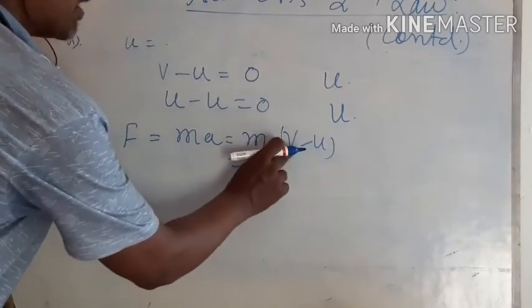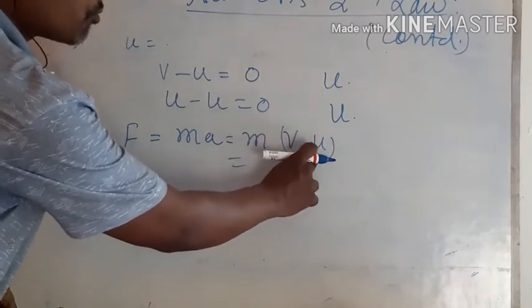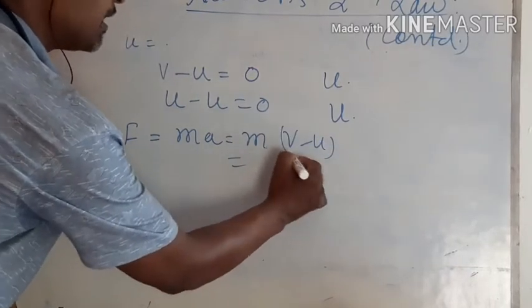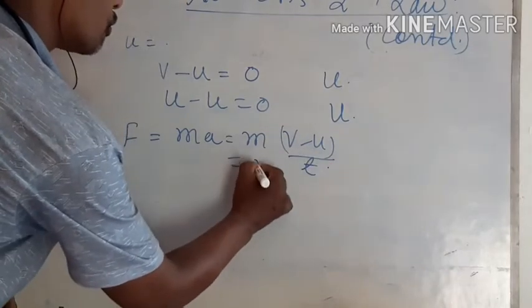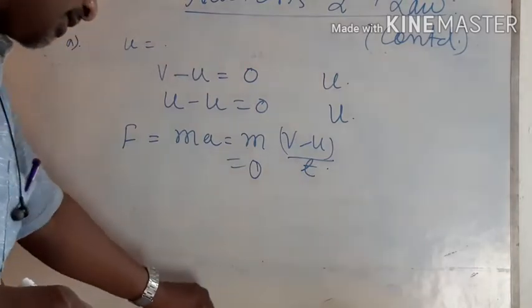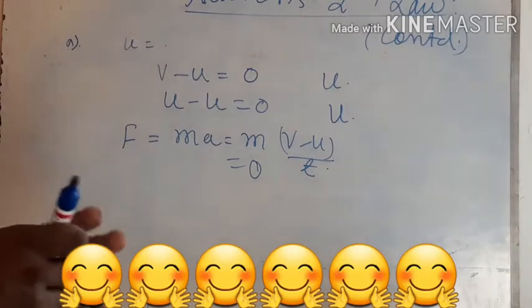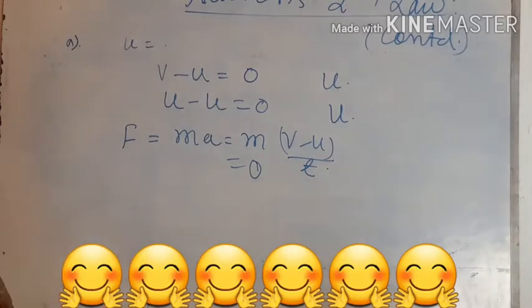Now final velocity is also u and initial velocity is also u, so that becomes 0. So 0 upon t is again 0, so force is equal to 0. Hence we conclude that no force is required to move a body with constant velocity.